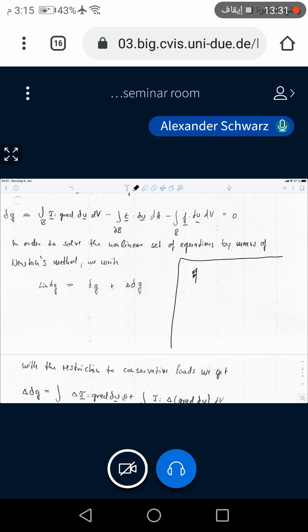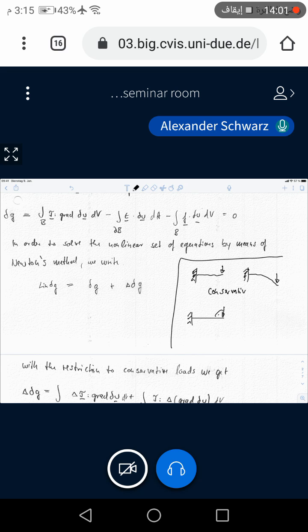The first situation is a beam, and I have a force, and then a deformation takes place. That means at the end I have something like this, and the force is also like that. This is conservative. If you have a non-conservative load, it is the same idea.